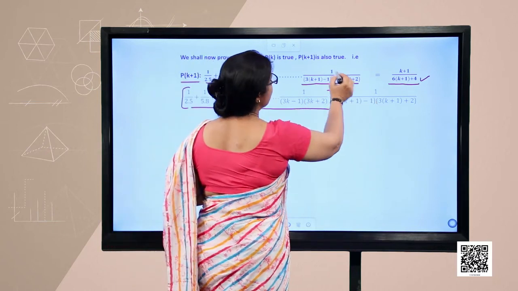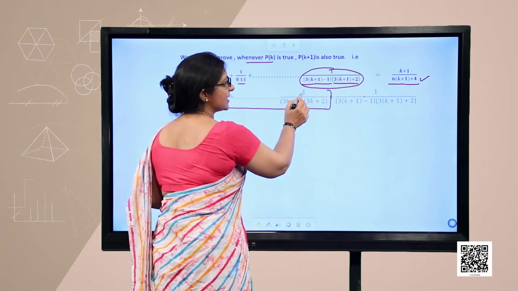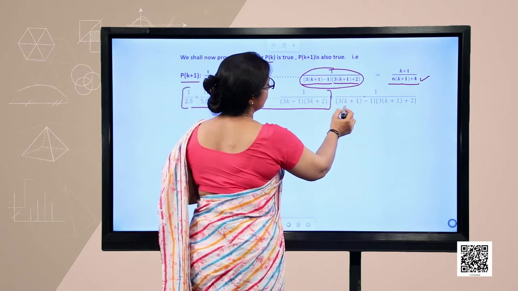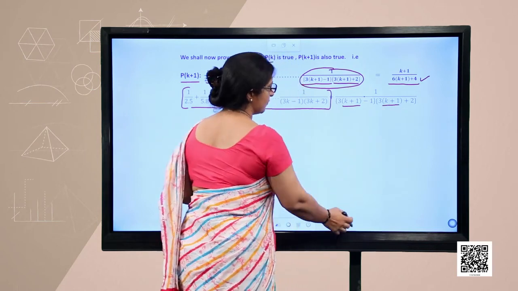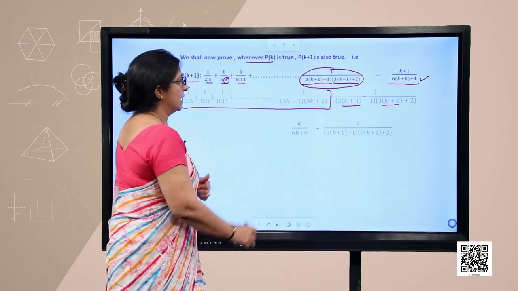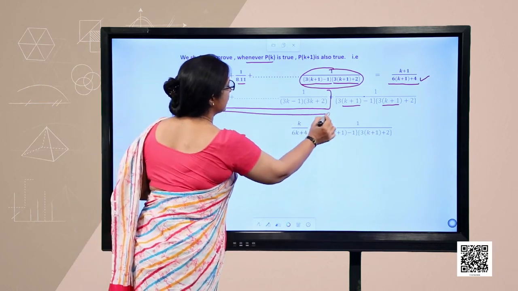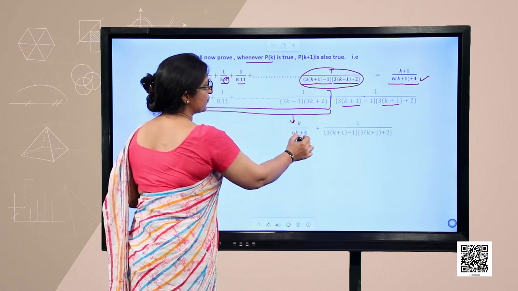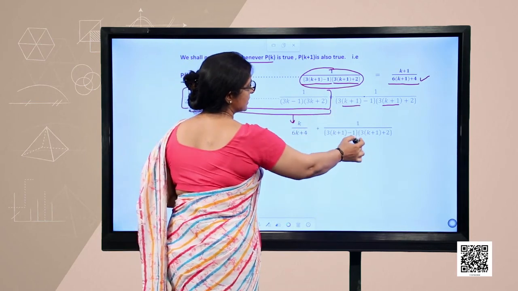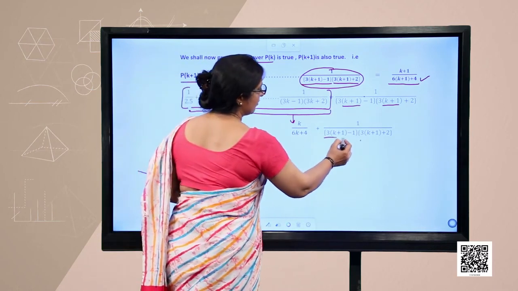Now this is the kth term, k plus 1th term, because wherever there was k we have put k plus 1. We will replace this entire expression by k upon 6k plus 4, and this is the k plus 1th term as it is. We will be adding.